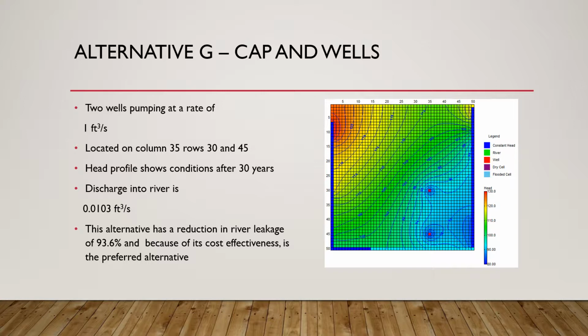The discharge into the river is 0.0103 cubic feet per second. This alternative has a reduction in river leakage of 93.6%, and because of its cost effectiveness, this is our preferred alternative.